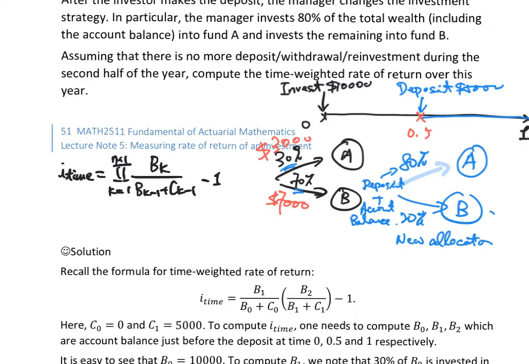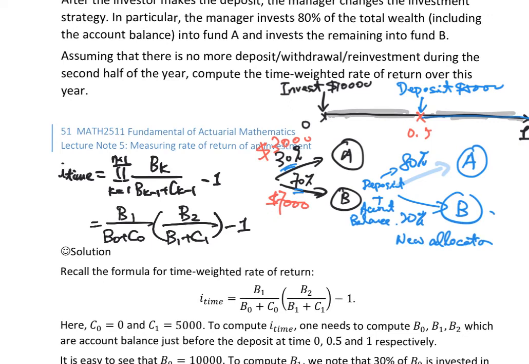Because in this investment problem there are altogether 2 periods involved, period 1 and period 2, this will be equal to the product over both periods, minus 1. That will be the formula for your time weighted rate of return.